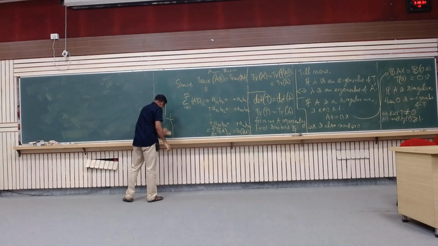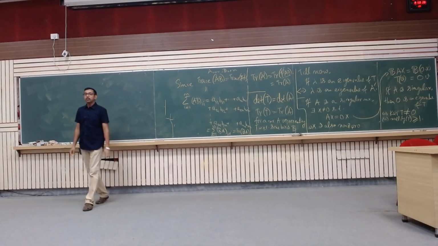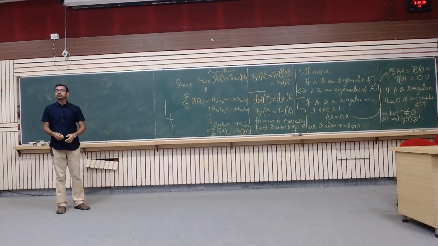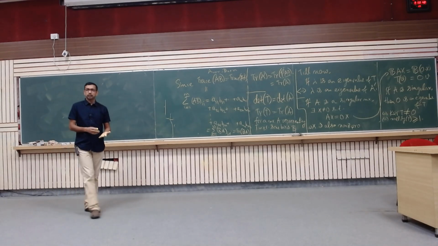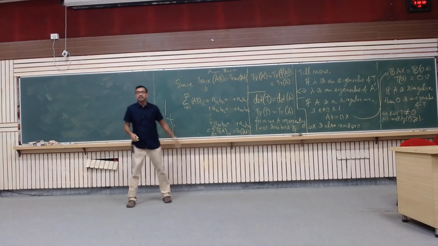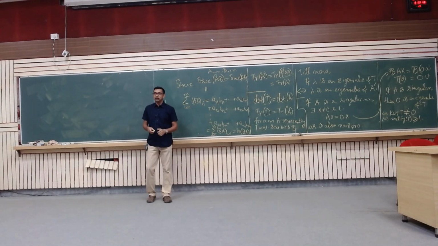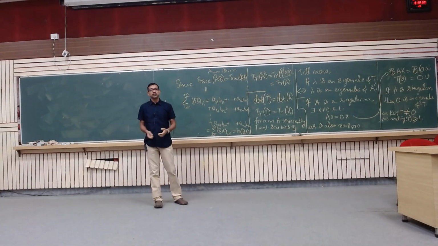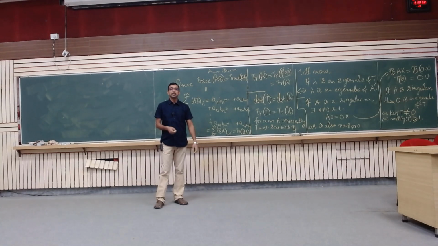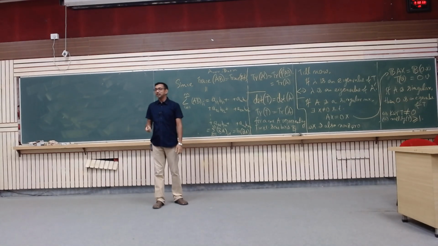Now we saw that similar matrices have the determinants, the traces, and the eigenvalues all the same. Now, suppose you have two matrices with the same eigenvalues. Are they similar? What do you think?